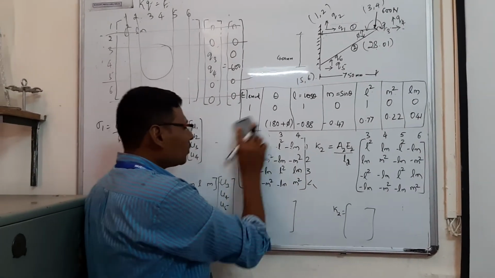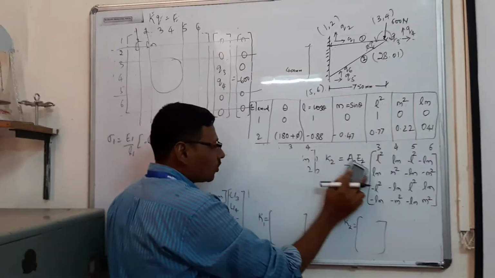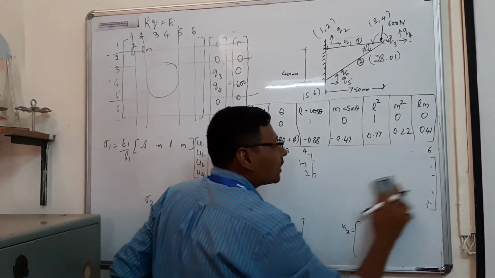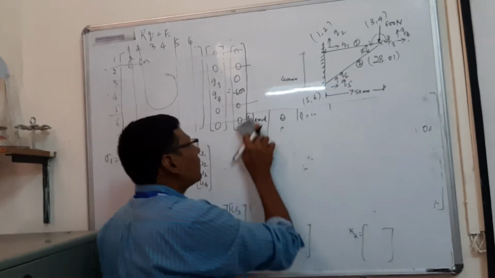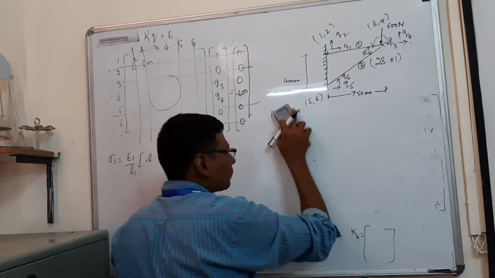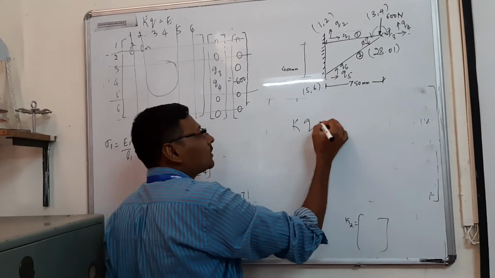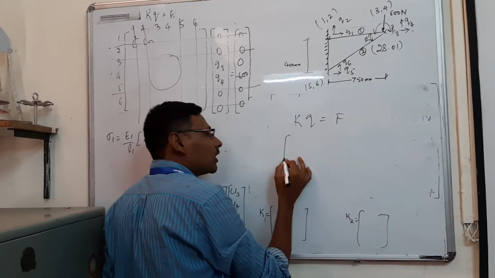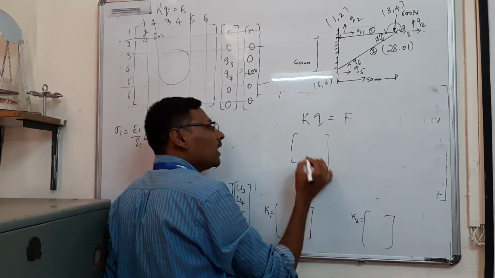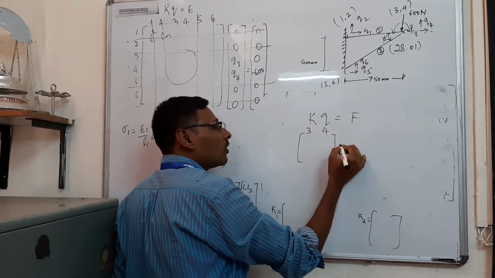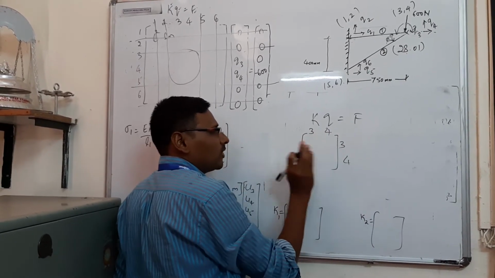Now I will show how to calculate Q3 and Q4. You got the matrix about Q3 and Q4. KQ is equal to F now. You got K reduced into 3, 4, 3 and 4. You will get some values here.